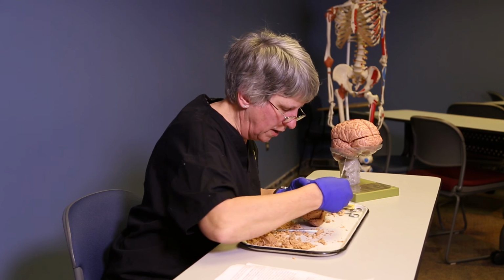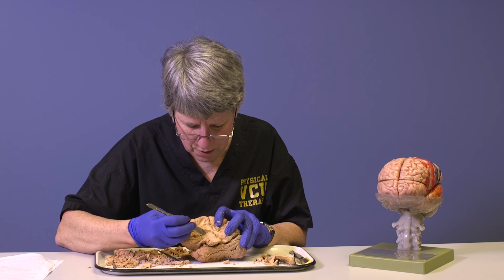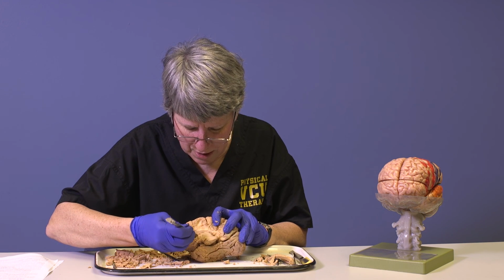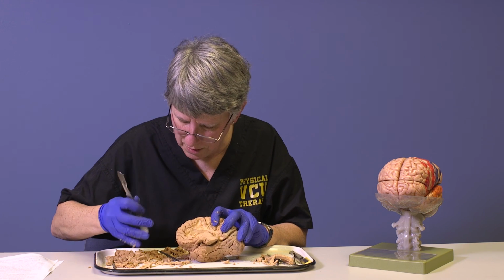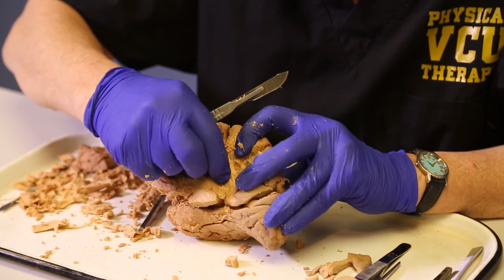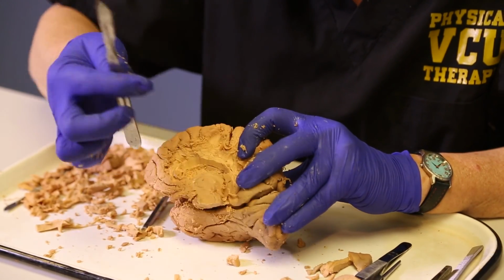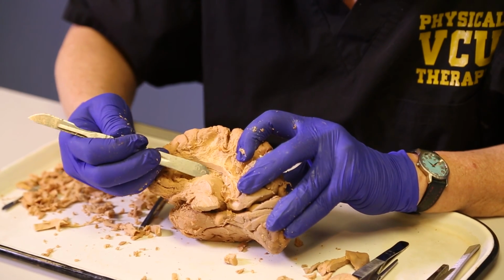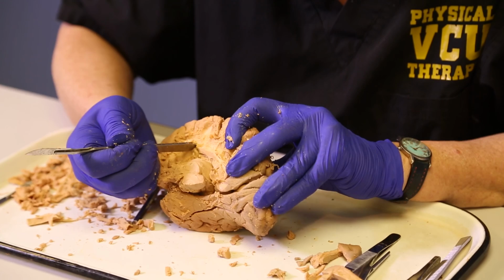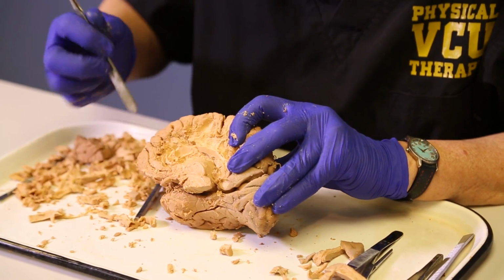What I'm looking for now are the fibers that are coming from and going to the thalamus. Remember that you have fibers coming up from the spinal cord through the thalamus and then going on up into the cortex, particularly sensory fibers. So they're going up that way.